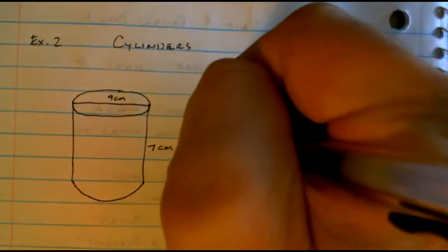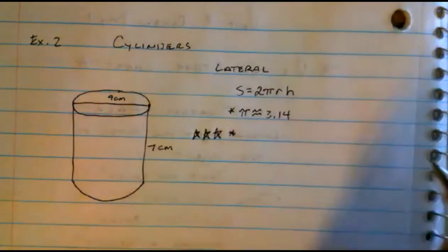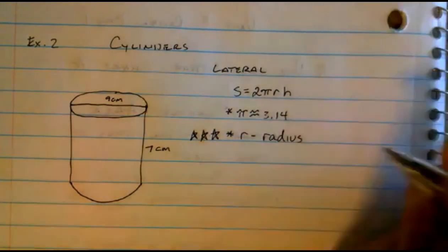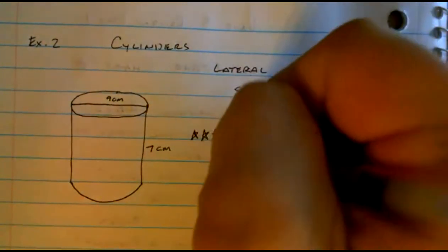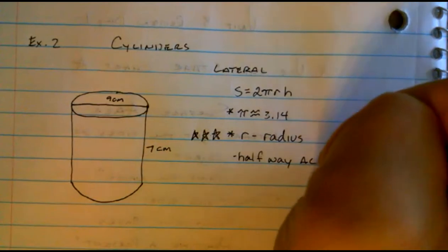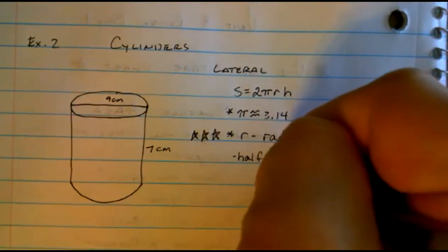And this one is extremely important for us: R is radius. Halfway across the circle.